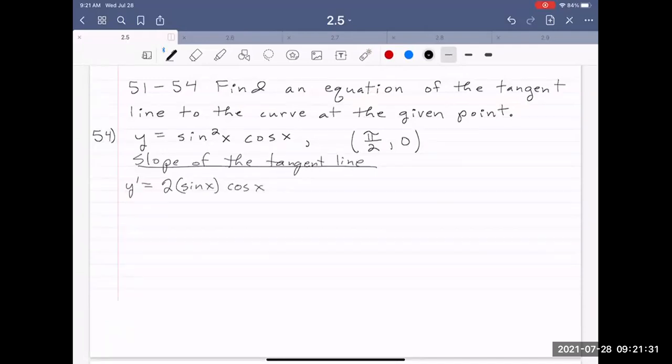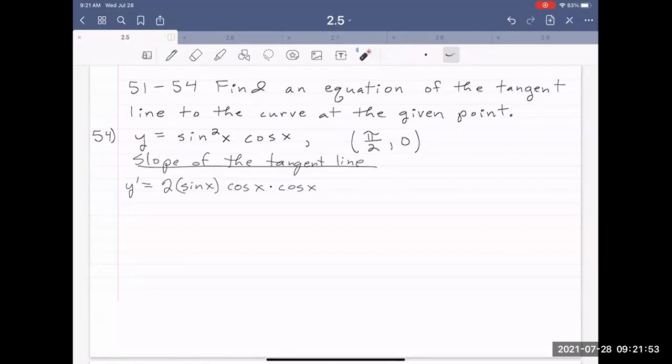Plus a second. And so that's, oops, times the second. Where's the second? There. Times the second.